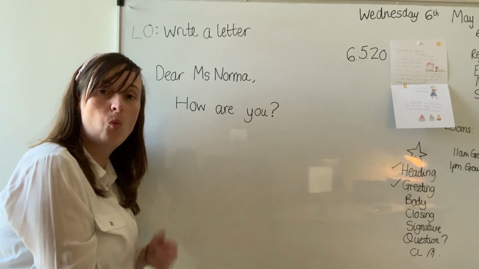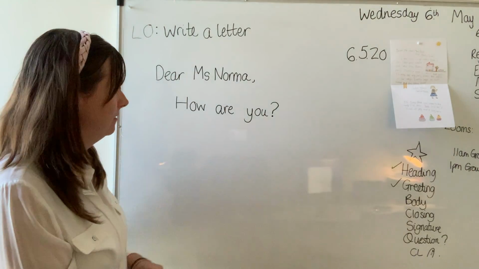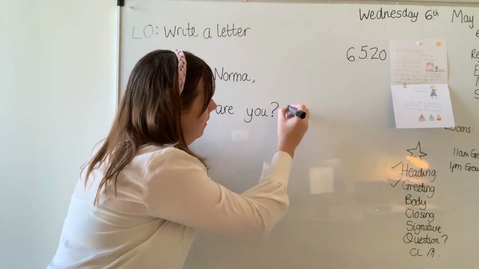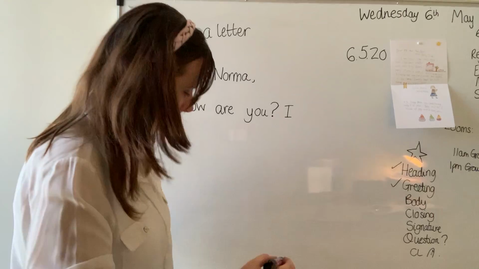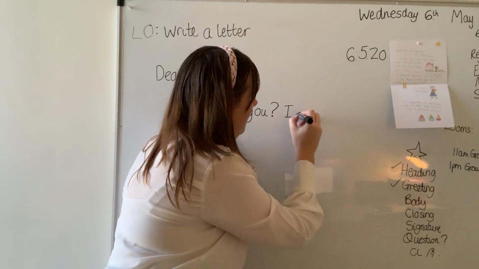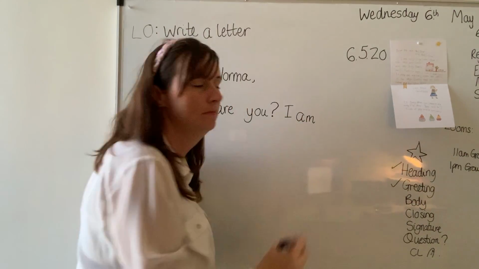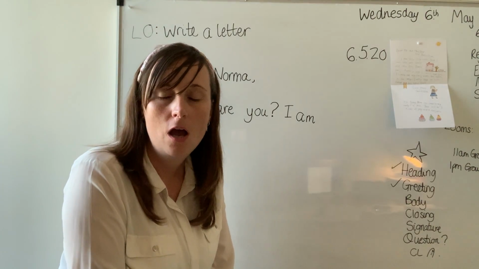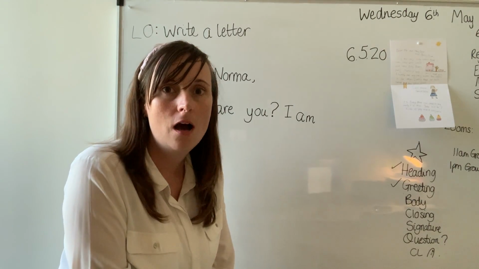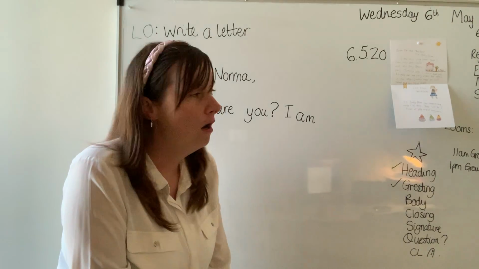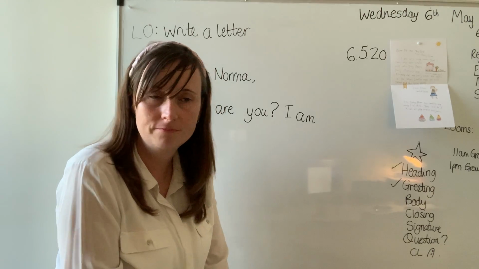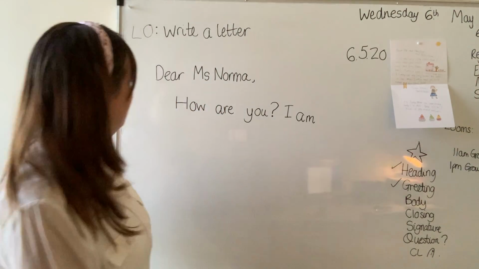Then we need to say how we are. We need to tell our friends how we are. I am, you could say I am missing you, I am happy at home, I miss my school, I am tired. Lots of things you could say. So, dear Miss Norma, how are you?